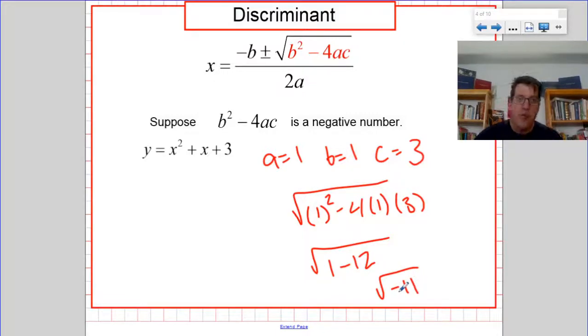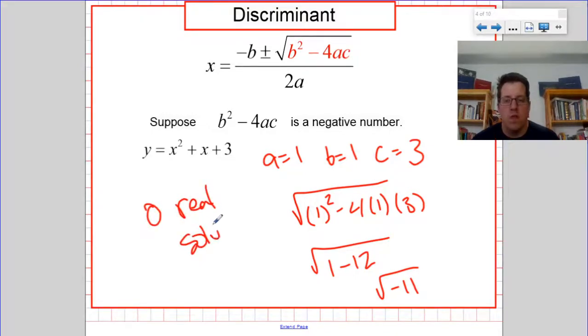Now, we know from our earlier classes in arithmetic and mathematical modeling that we're not allowed to take the square root of a negative number yet. You will learn in Algebra 2 how to do that. But for now, since we're not allowed to take the square root of a negative number yet, we're going to say 0 real solutions.